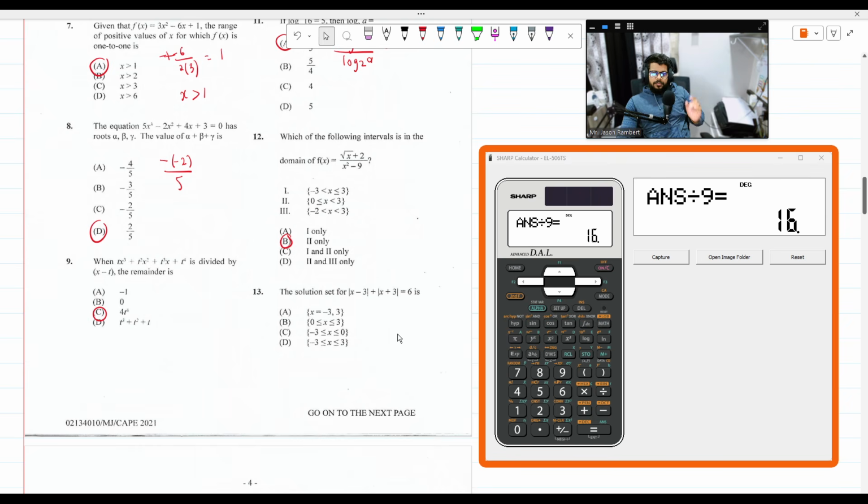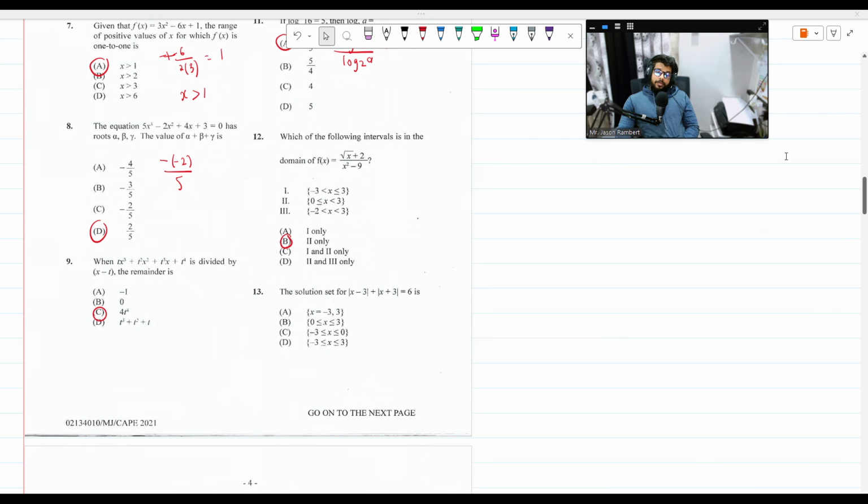The solution set for modulus of x minus 3 plus modulus of x plus 3 is equal to 6 is... Alright, so let me rearrange. We could use definition of the modulus function first. We can test as well.